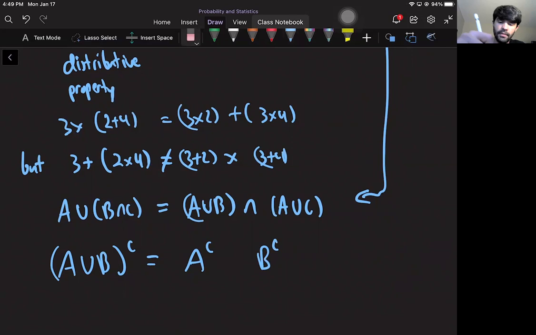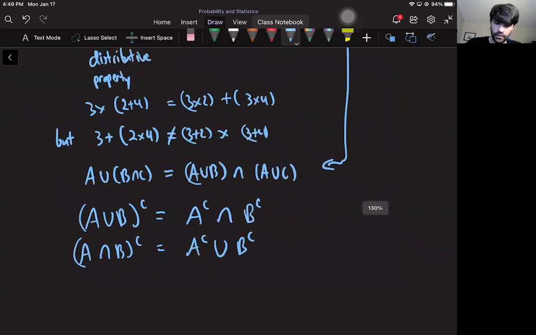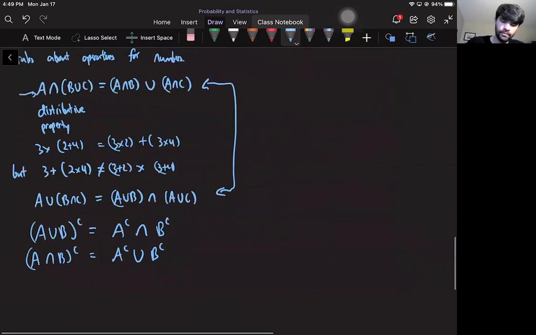Instead, what happens is it turns the union into an intersection. So it flips it over like that. And then the opposite is also true. So this flips that way. So these are just four rules: this one, this one, this one, and this one. These are four rules. There's many more.